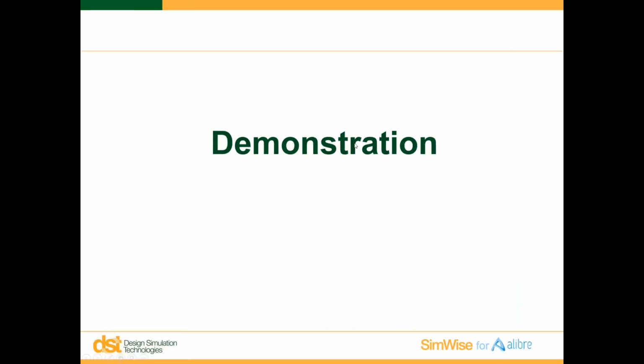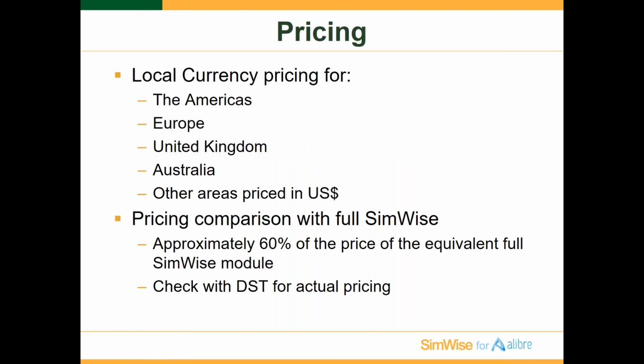I'd just like to pop back over here and talk about a couple of more issues. The first is pricing. So we have local currency pricing for all of our SimWise products in the Americas, Europe, the UK, and Australia. And those, again, are all priced in local currencies. And all the other areas were priced in US dollars.